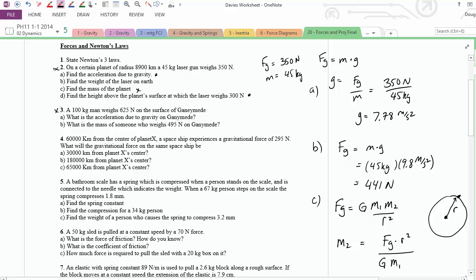I'll try this one too then. It's a 100 kilogram man who weighs 625 newtons on the surface of Ganymede.